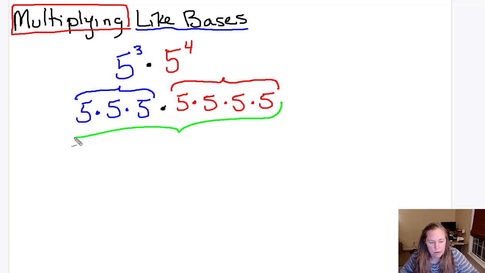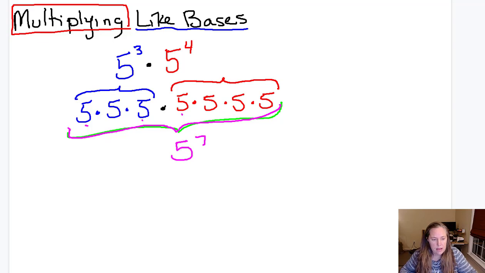I think I'm going to switch that color. Let's see. How do you guys feel about magenta? There we go. So 5 to the third times 5 to the 4th, we have 1, 2, 3, 4, 5, 6, 7 is 5 to the 7th.